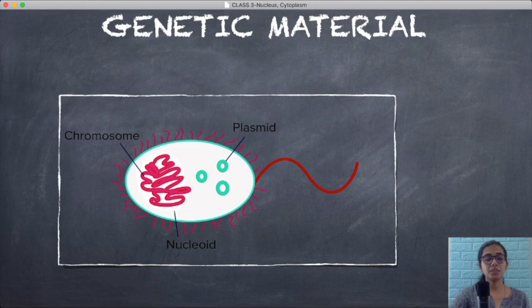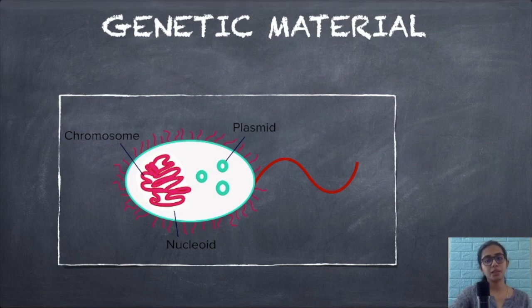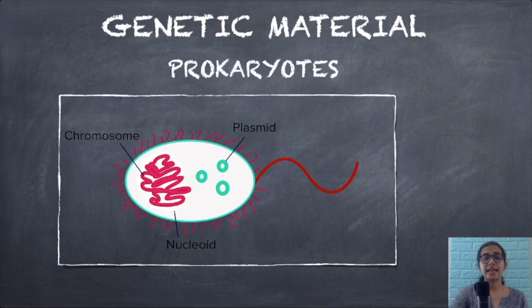And such a poorly defined area where only the genetic material lies as nucleic acids is called the nucleoid. There is no well-defined nucleus enclosed by its own membrane, but just a region in which the genetic material is present. Such organisms are called prokaryotes. Pro meaning primitive, and karyote comes from the word karyon, which means the nucleus.